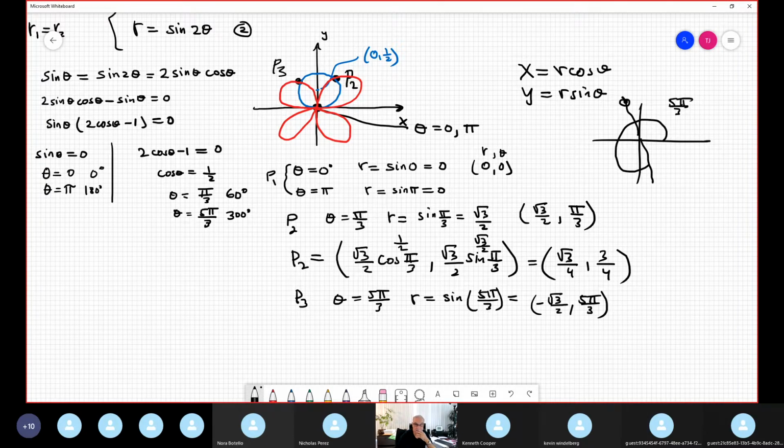Okay, no problem. So now I'm going to find P3 in rectangular. Well, it's negative radical 3 over 2 cosine 5 pi over 3, comma, negative radical 3 over 2 sine 5 pi over 3. So both are negative, no?